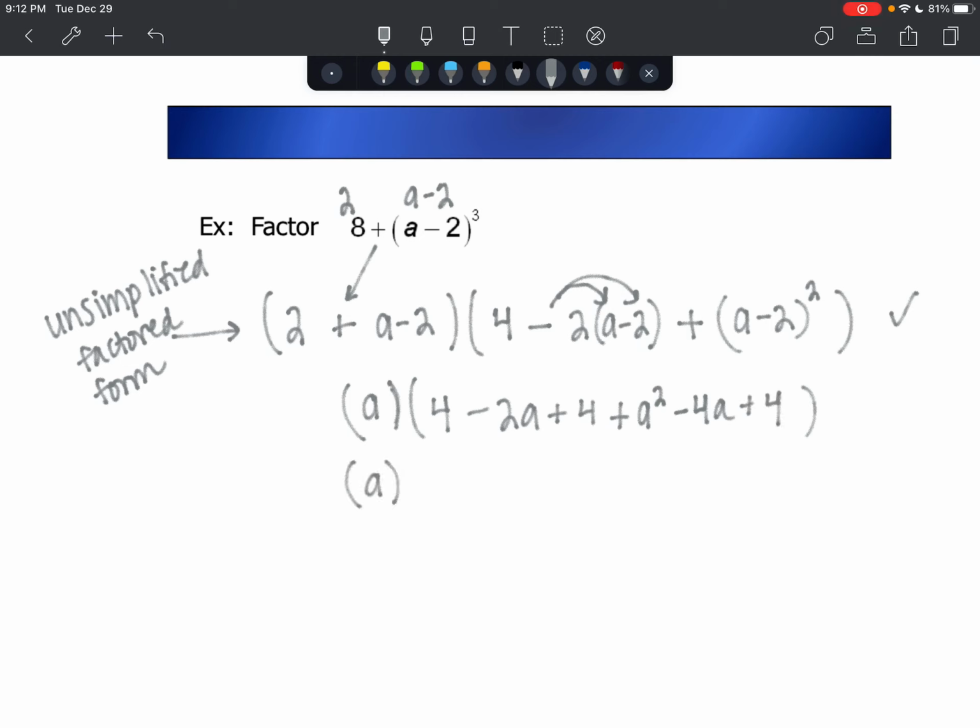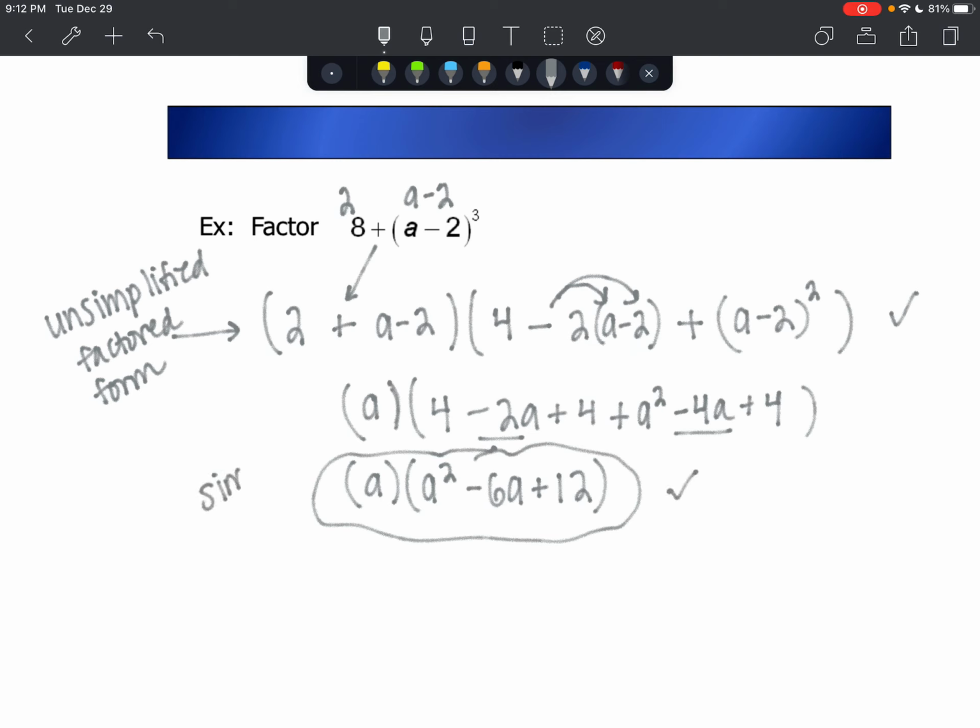So we've got one factor is a, and then the next factor I'm going to write in descending order. A squared is first. Negative 2a minus 4a is negative 6a. And then 4 plus 4 plus 4 is 12. And that could also be an answer, and that is the simplified factored form.